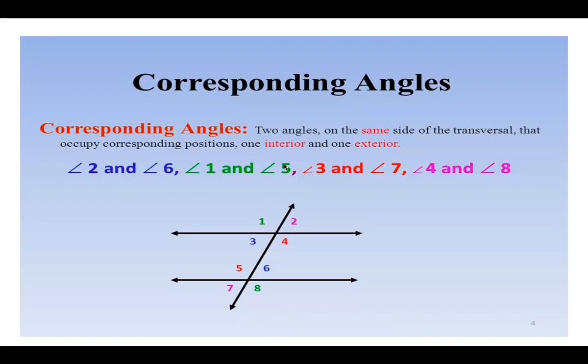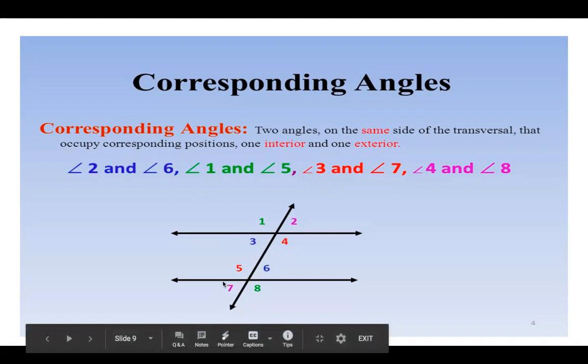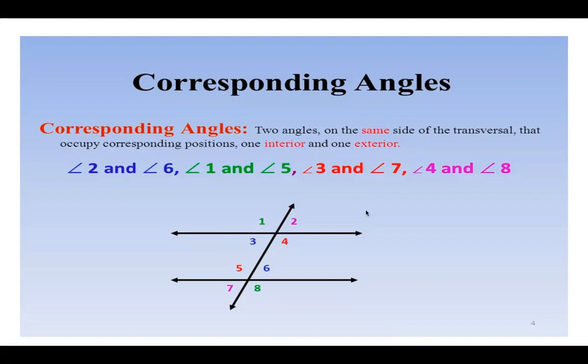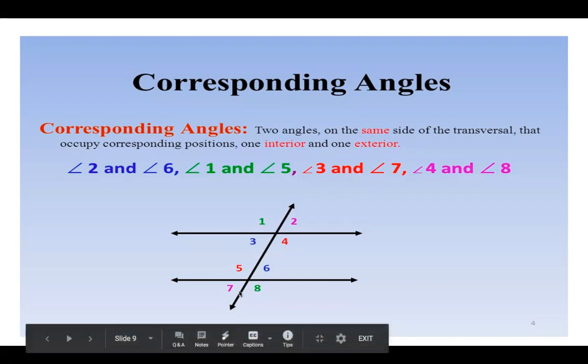So these are corresponding angles, which are 3 and 7. Look at it: 3 is interior, 7 is exterior, in corresponding position on the same side of the transversal. And 4 and 8, interior and exterior on the same side of the transversal and in corresponding position.